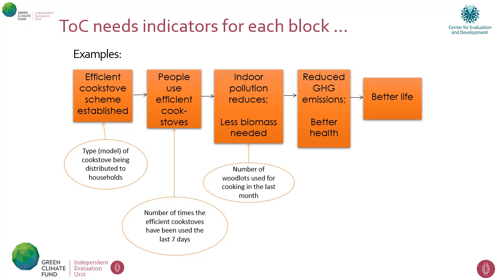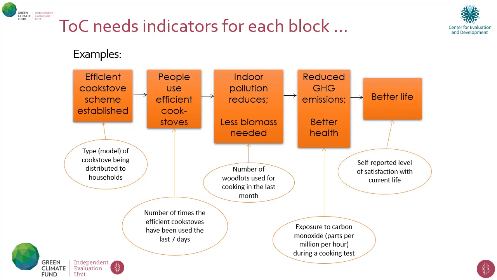For an indicator of less biomass needed, you can turn to the number of woodlots used for cooking in the last month. As an indicator of greenhouse gas emission, you could measure exposure to carbon monoxide during a cooking test. And finally, as an indicator of better life, you could consider the self-reported level of satisfaction with current life.